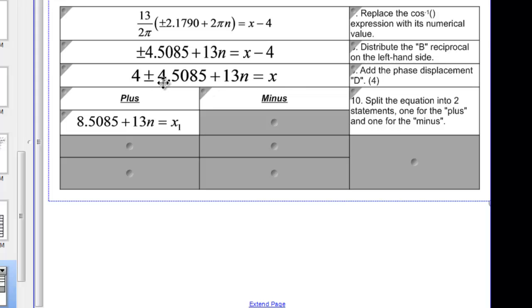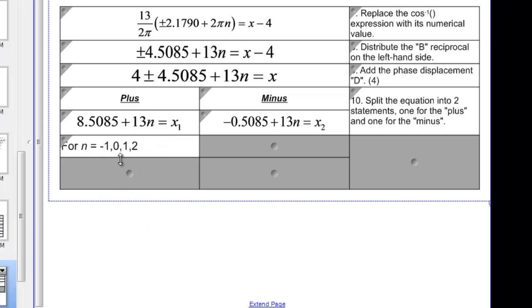And then, if 4.5085 is negative, and I add 4 to it, I get negative 0.5085 plus 13n for a second set of solutions. To find particular values, I simply choose values for n and simplify the expression.